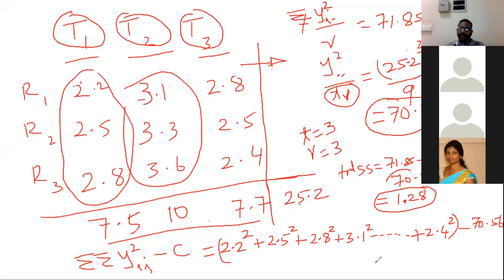Can somebody get me the answer? What is the total sums of square? You have to do it correctly, because these are very minor differences in values.